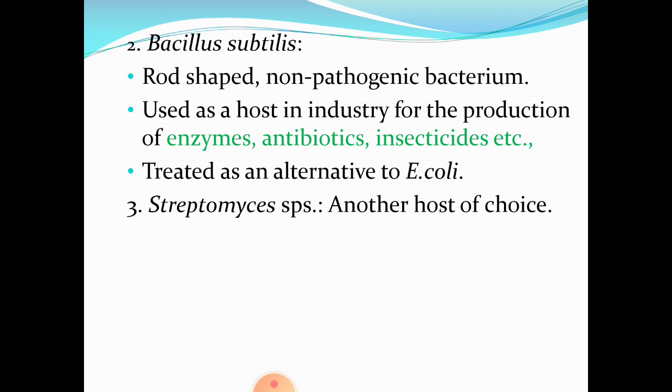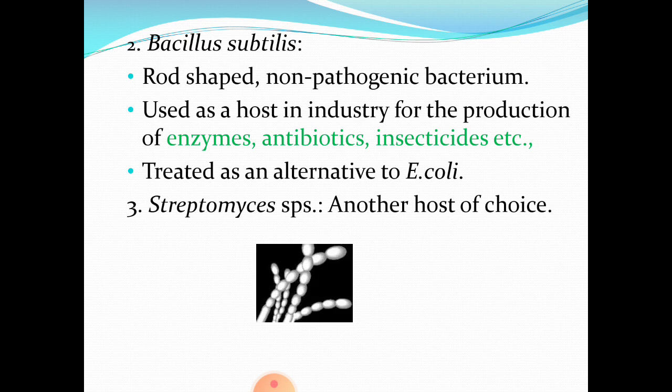Okay, then another bacterial species which is used as another host of choice happens to be the species of Streptomyces. This is how Streptomyces looks. Okay, so these are the three prokaryotic hosts which are normally employed in recombinant DNA experiments as host cells.